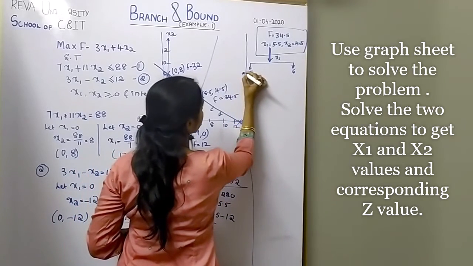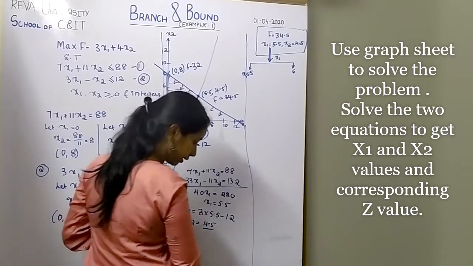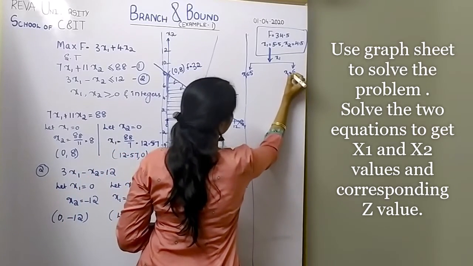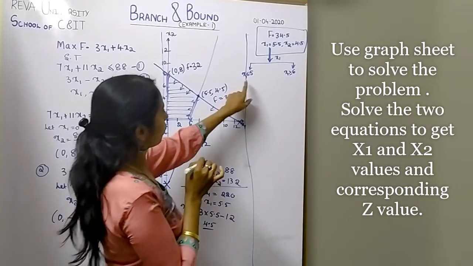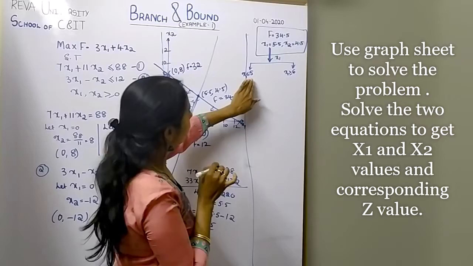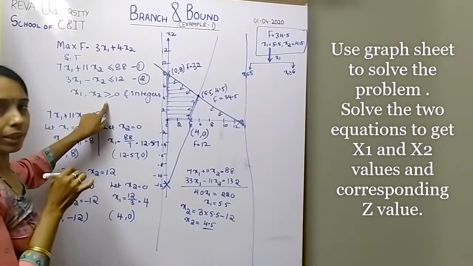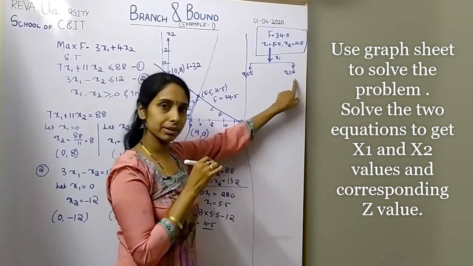Now you have to use the constraint x1 should be less than or equal to 5 and x1 should be greater than or equal to 6. So this is how we have to continue in case of branch and bound. Now along with these equations, we have to consider this case as well as this case.